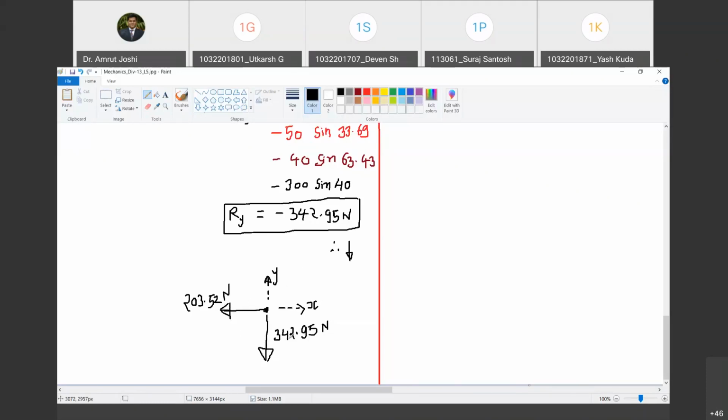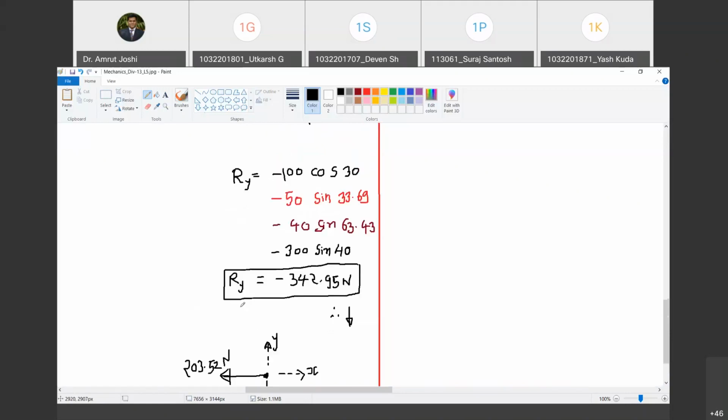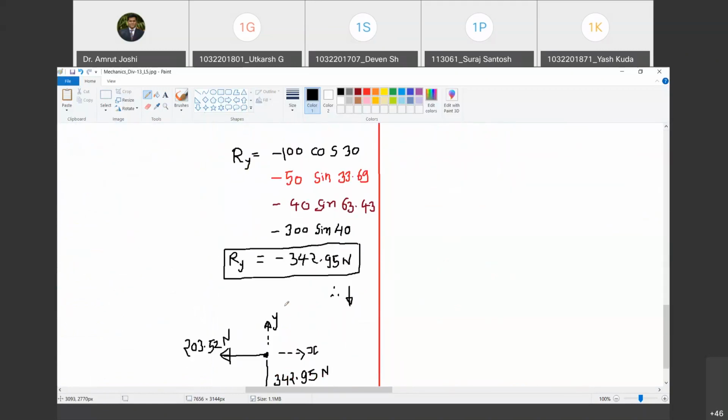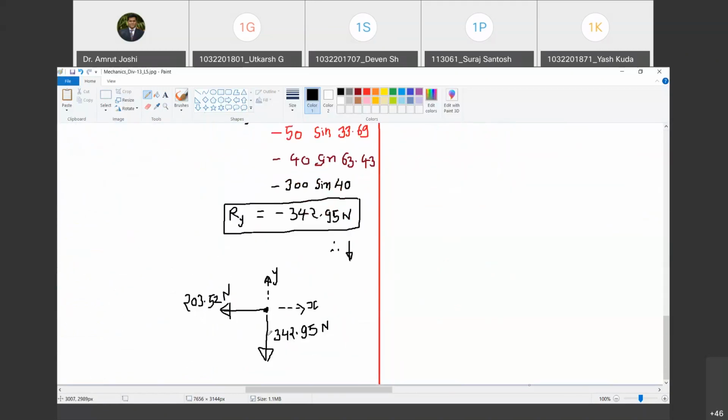So the resultant is nothing but the addition of these two components, Rx plus Ry. Do you agree with me? Yes, sir. First of all, we converted all the forces into only two forces, one along the x direction and one along the y direction. And now we are going to add those to get the resultant of the whole force system. Are you with me? Yes, sir. So how do I add these two forces? I have to complete the parallelogram.